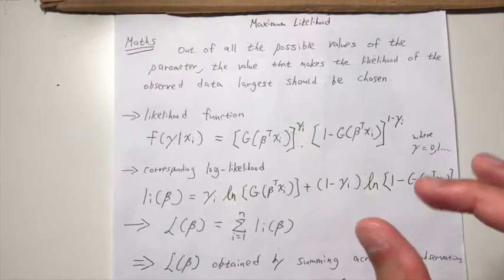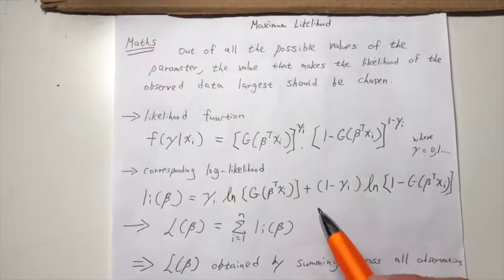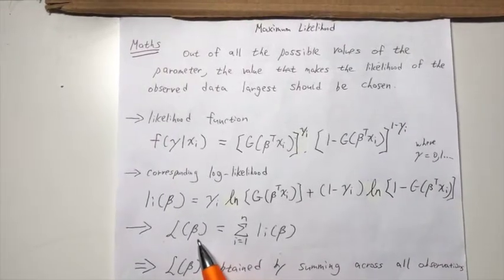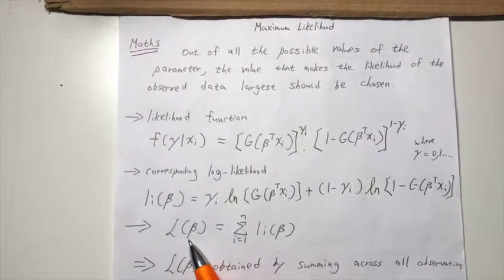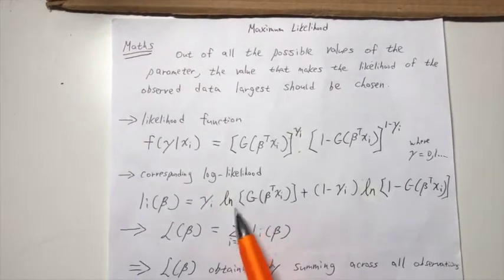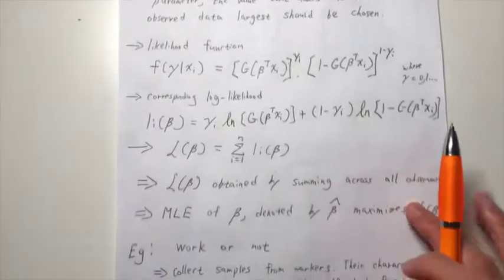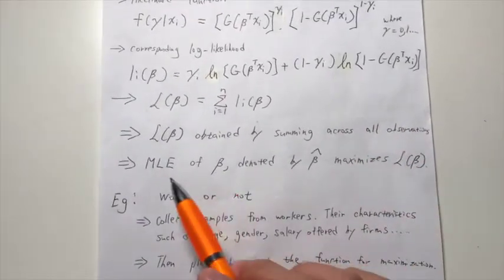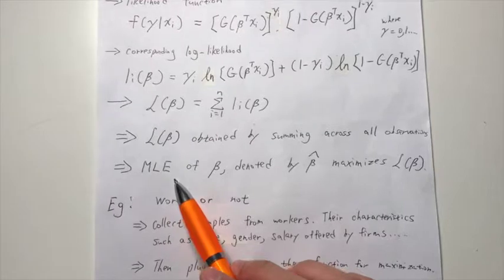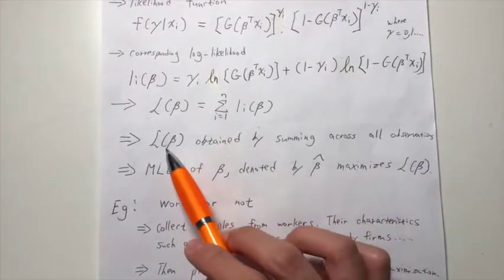Taking log, we will split them off as addition. And so the whole chunk of log likelihood should be a sum of each person's log likelihood. At the end, maximum likelihood means we choose a beta hat that maximizes this function.